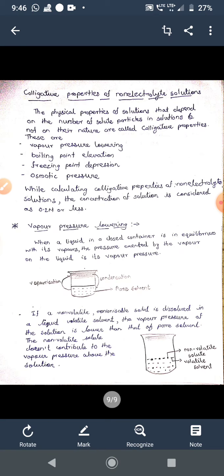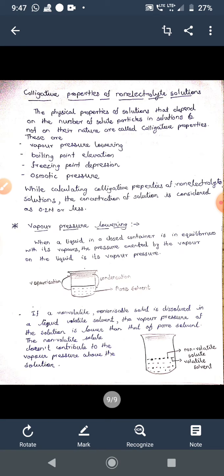Now we will move on to the first colligative property, that is vapor pressure lowering. Vapor pressure lowering deals with the decrease in the vapor pressure. Now why does vapor pressure decrease? Before this we should know what vapor pressure is.